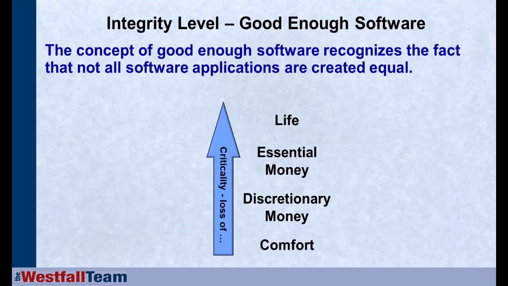When we talk about integrity level, we're really talking about what's good enough for the particular business we're in. It's always these trade-offs. If we're making a product like a word processor, for example, we've decided to go into competition with Microsoft if we're that crazy. How good is good enough?